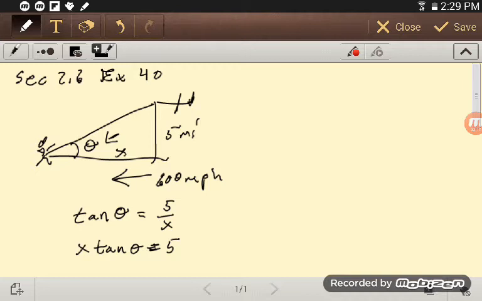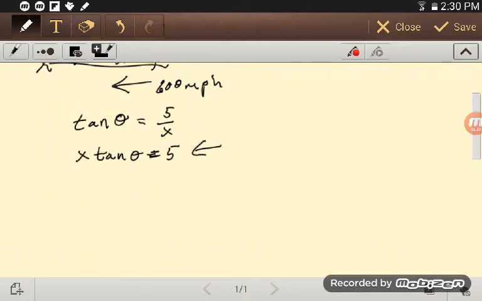Okay, so I've related the position of the plane, it's here at x, 5, to that theta, just using the tangent. I think I'd prefer to write it like that.